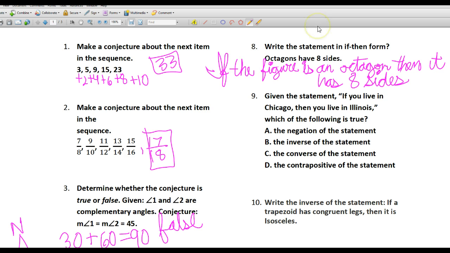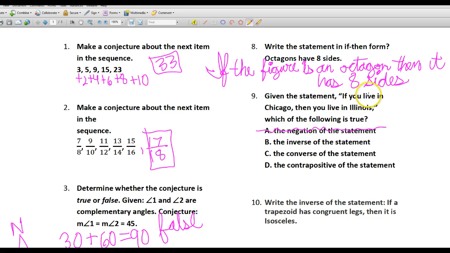Number 9. Given the statement, if you live in Chicago, then you live in Illinois, which of the following is true? The negation of the statement. So we don't need to worry about that one. The inverse of the statement. So inverse actually exists. We would negate the hypothesis and negate the conclusion.